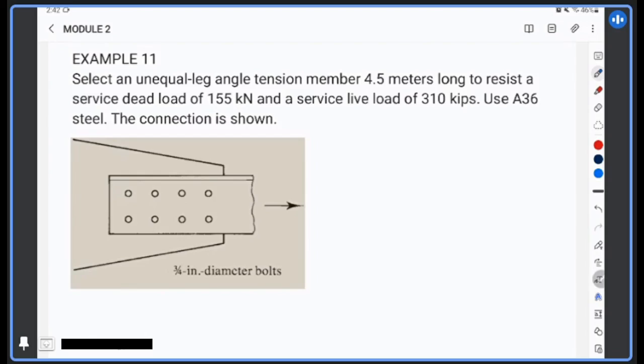What is 3/4 inch in millimeter conversion? 3/4 times 25.4, that's 19 mm bolts. So this is the gusset plate kung saan nakakonekta yung ating tension member. And this is the angle. Ito yung kanyang flange, or this is the other leg. The other leg is connected.